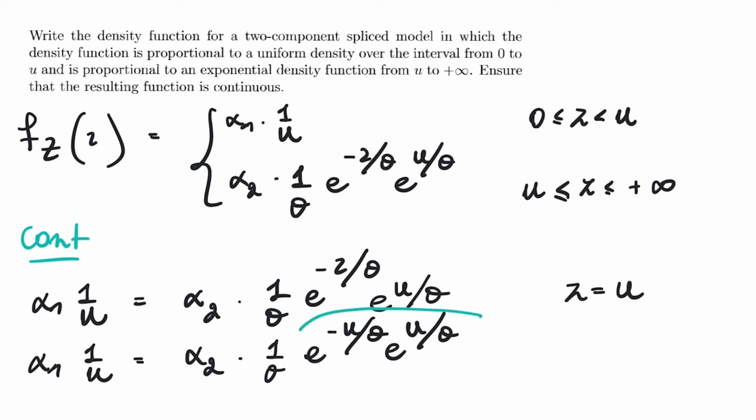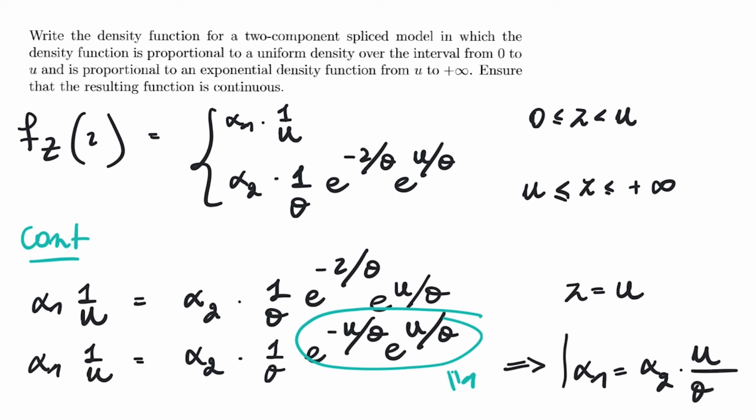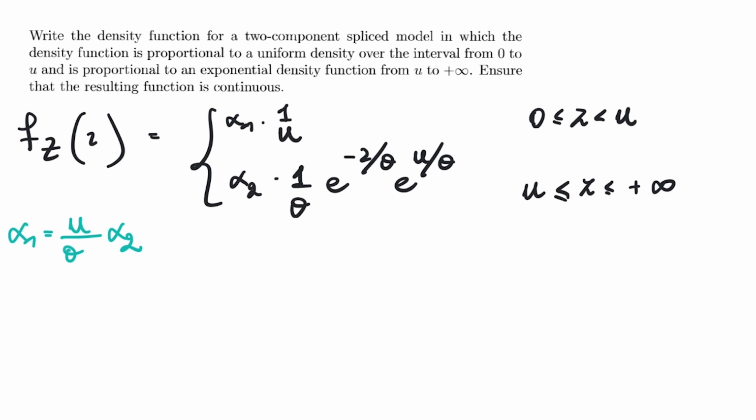So here we see that this is equal to 1. So we need to have that alpha 1 is equal to alpha 2 times u divided by theta. Moreover, we also need that alpha 1 plus alpha 2 is equal to 1.